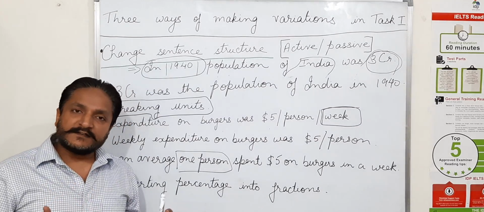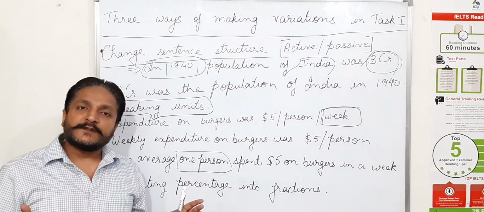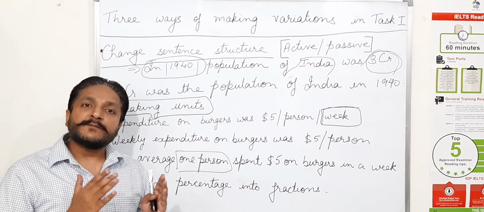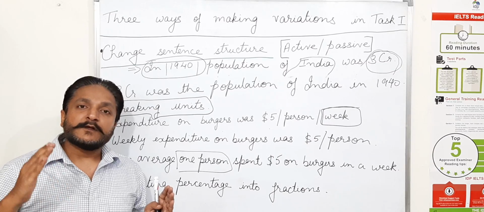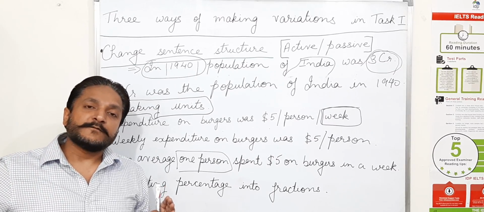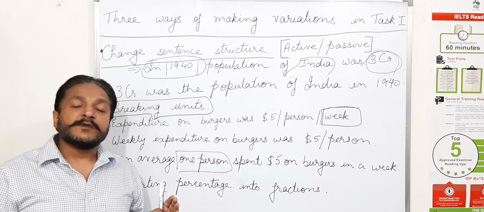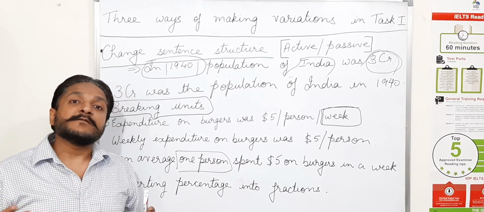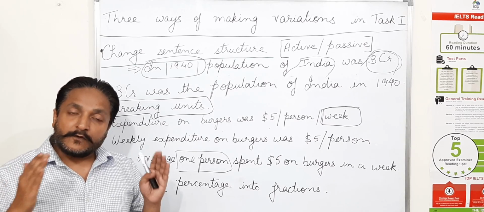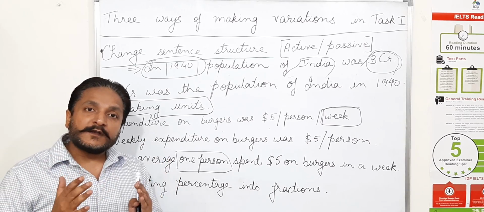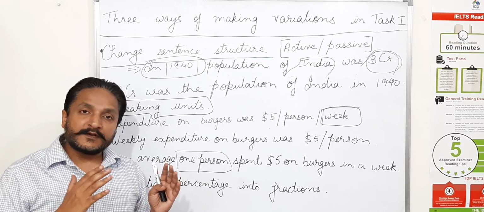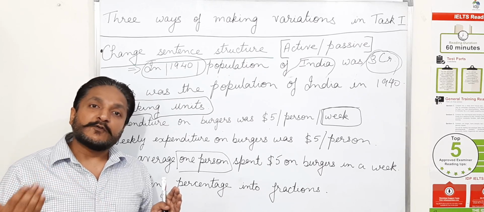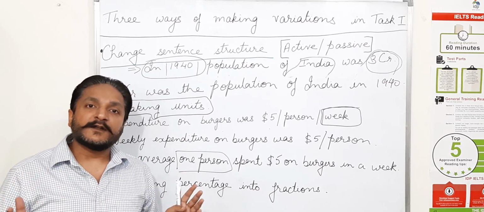By this I mean that if they have said that in India 50% population was more than 55 years in age, we can also say that half of the people were more than 55 years in age. So 50% I have converted into a fraction, and that came out to be half, which is 1 by 2.